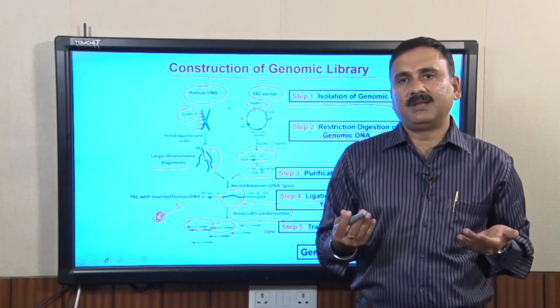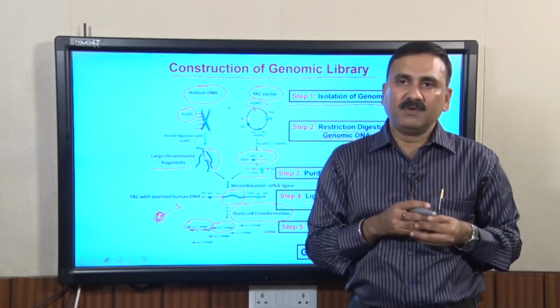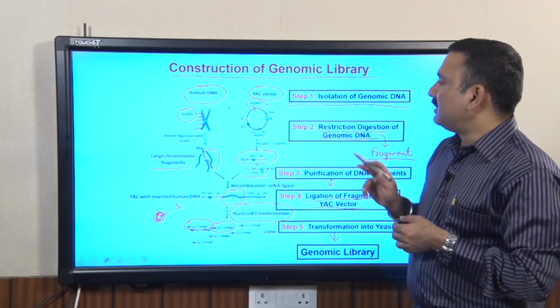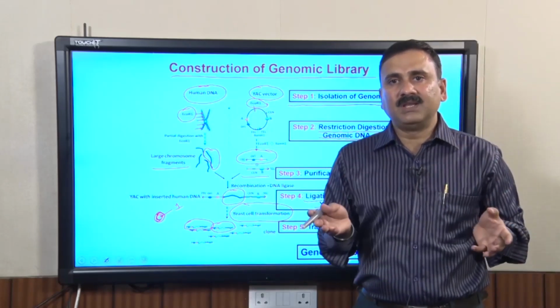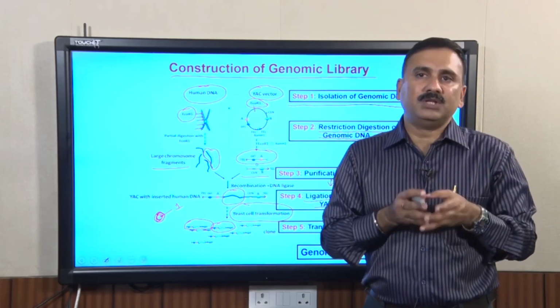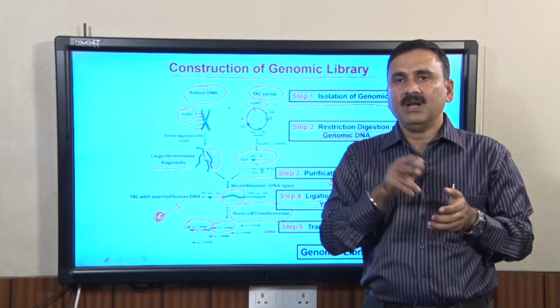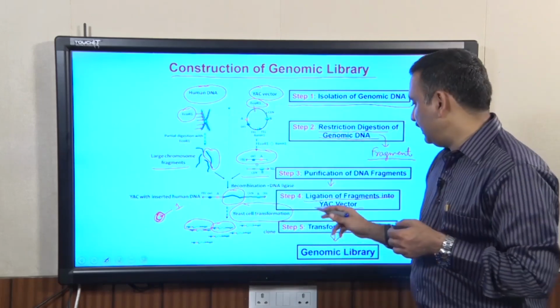Our institute has a library which represents the different types of books present in the collection. Similarly, a genomic library has the collection of the genes which constitute the genome, and all these genes are going to be present in different clones which you will get by doing these reactions.